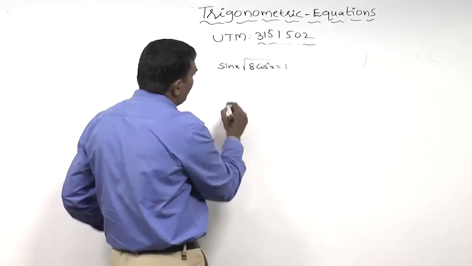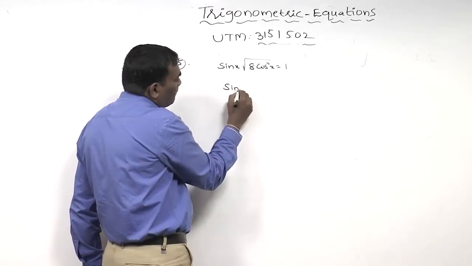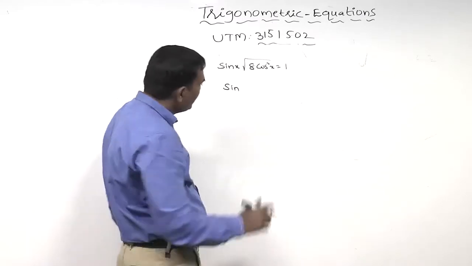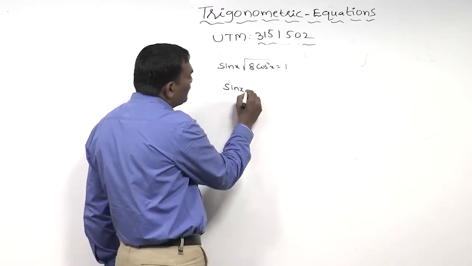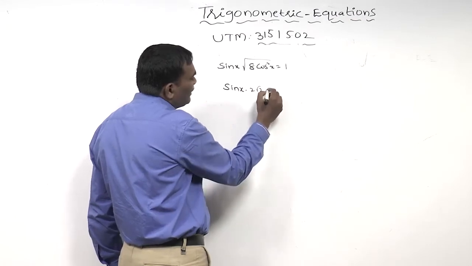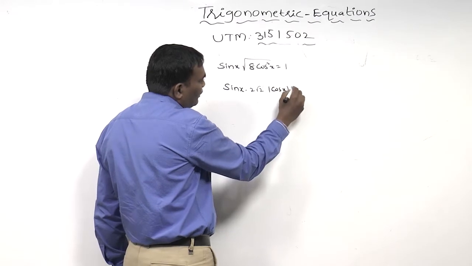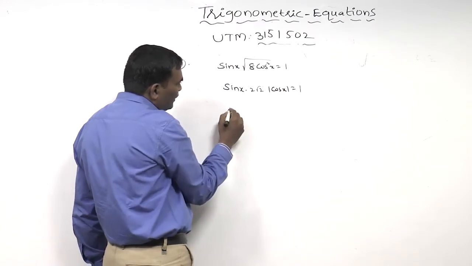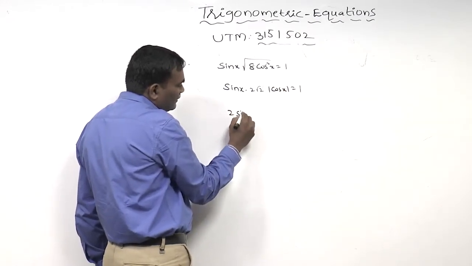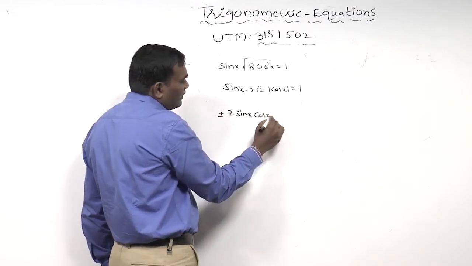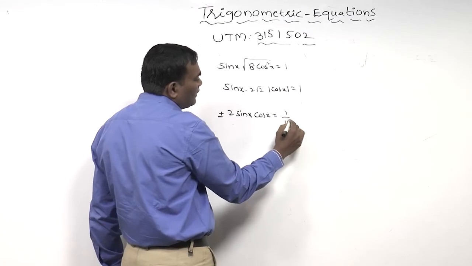Now root 8 means you can write 2 root 2 into root of cos square x, which is modulus of cos x, is equal to 1. Here 2 sin x times plus or minus cos x is equal to 1 by root 2.